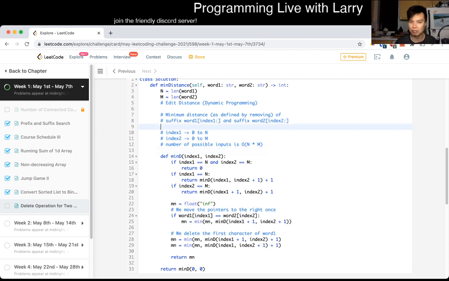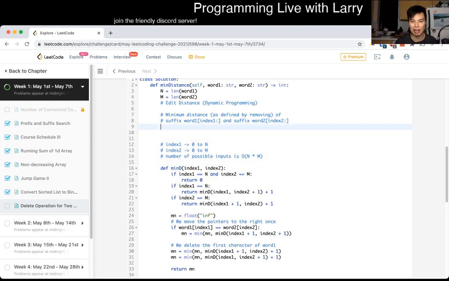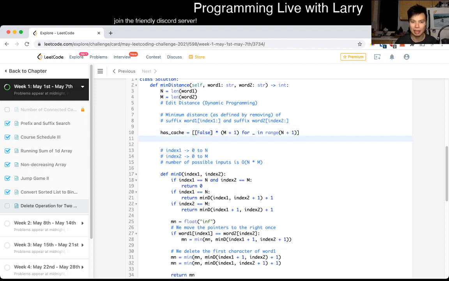So let's do what we just said, which is, and I always do it this way, at least on video, so that it's easier to prove the space later, hopefully, as you can see. n plus 1 times m plus 1 for the array, and cache is also the same, maybe infinity.